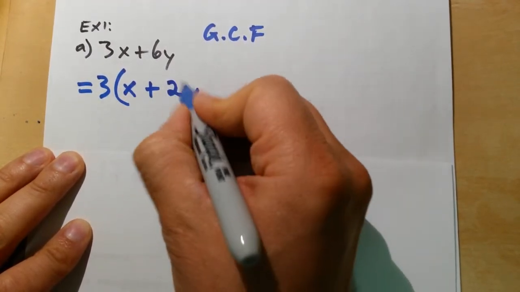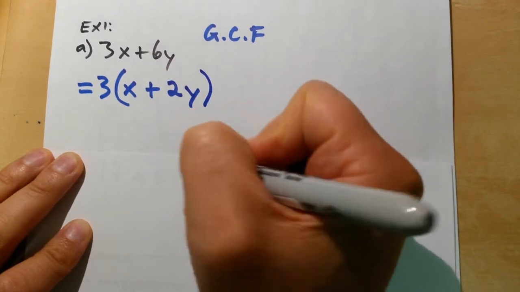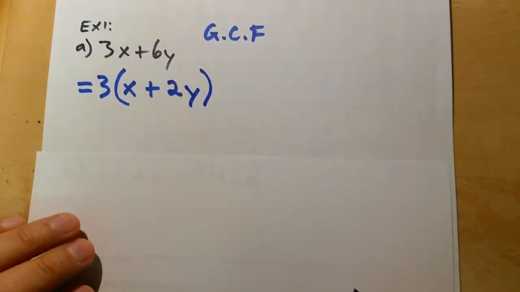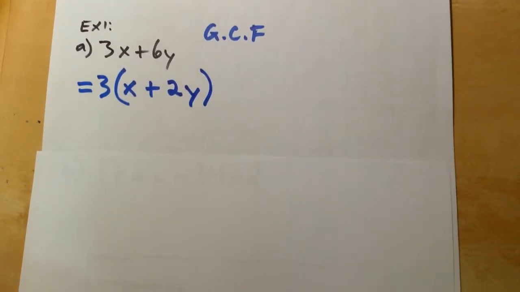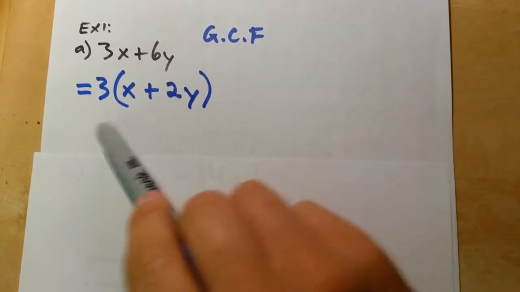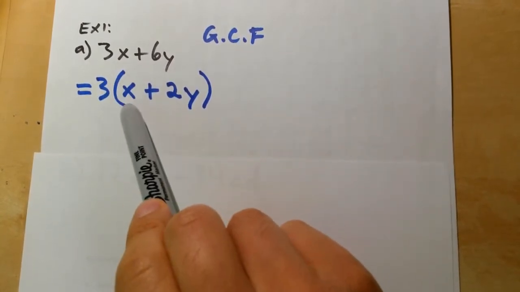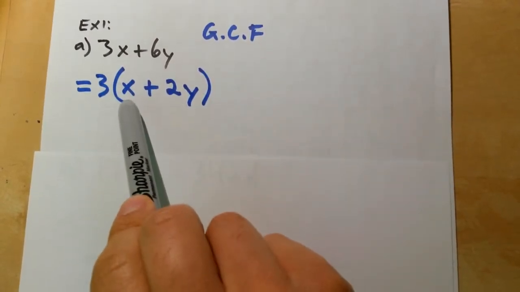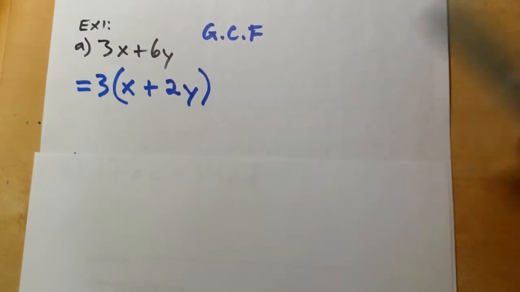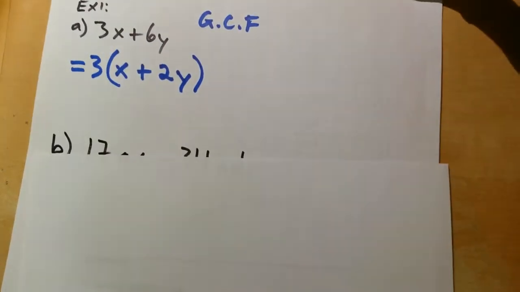So 3 times 2y will give us 6y, and that is our answer. Now remember also, when we factor out a number and we open up the brackets, if we started with two terms, we're expecting to end up with two terms inside this bracket. If you don't, then I would double check the answer.